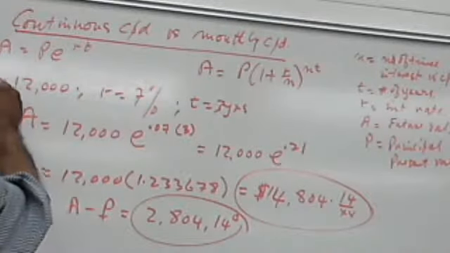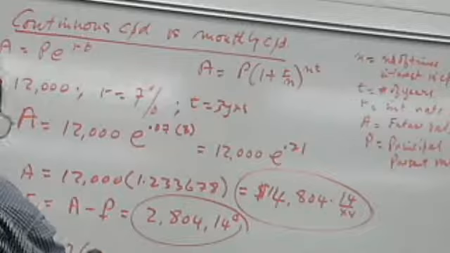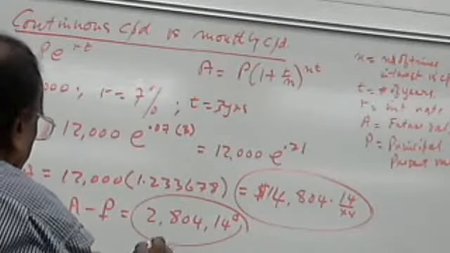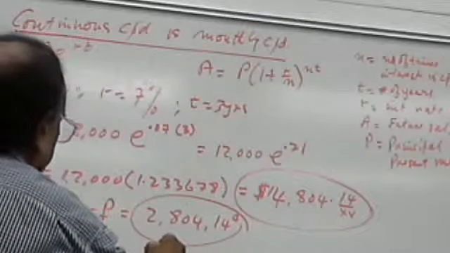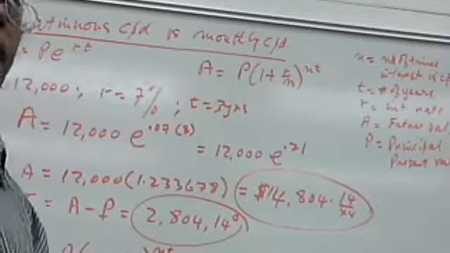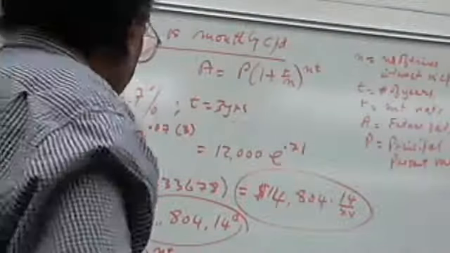So this is part B. Our formula for this one is going to be A, your future value, equal to the present value times (1 plus the rate over the number of times you're compounding it) to the power n times t, the number of times you compound multiplied by the years. So this is our formula for this one now.